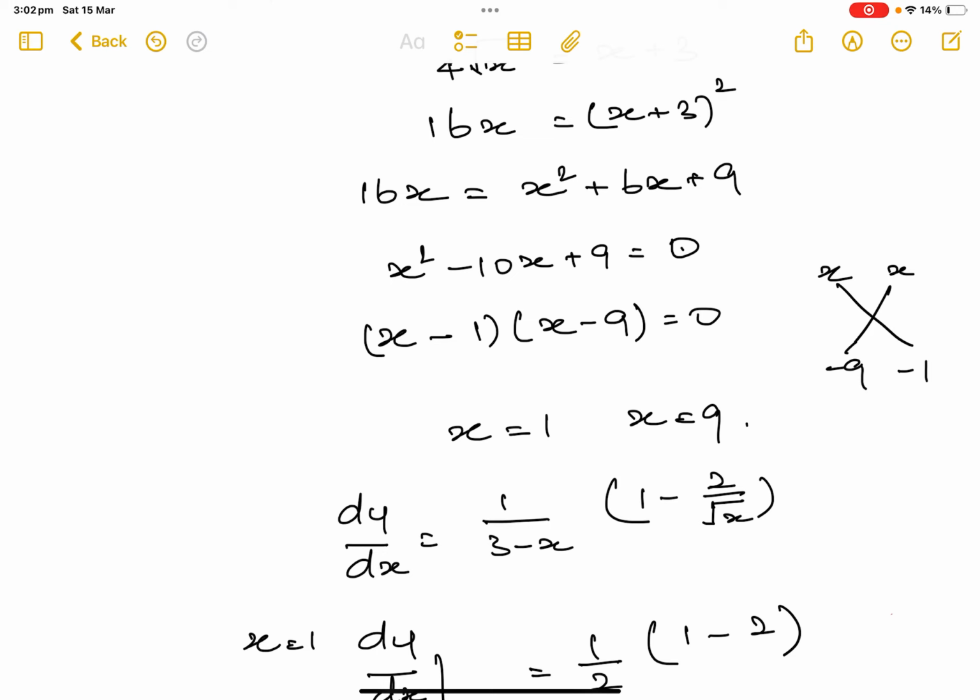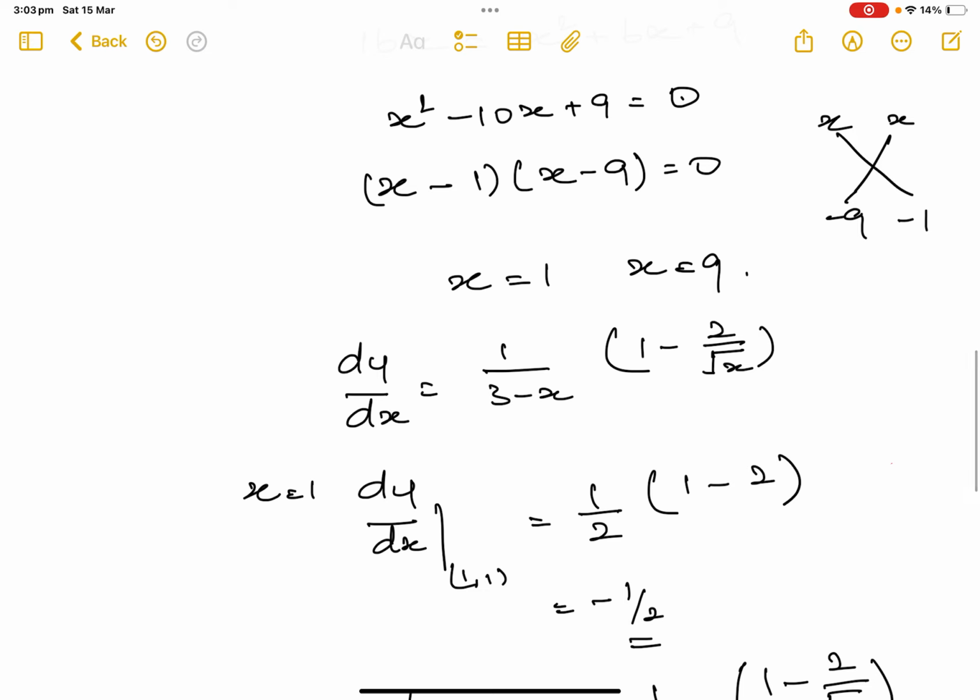So it's x squared minus x minus 9x, which is minus 10x, and minus 9 times minus 1 is plus 9. So the factors are x minus 1 and x minus 9. So x minus 1 times x minus 9 equals 0. From that, x equals 1 and x equals 9. So two values for x, for y equals 1.